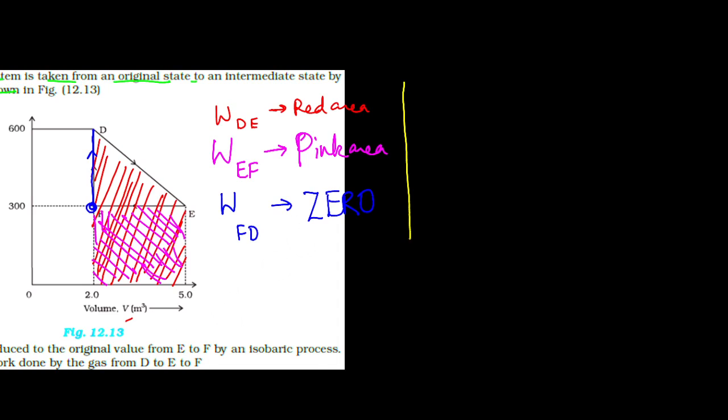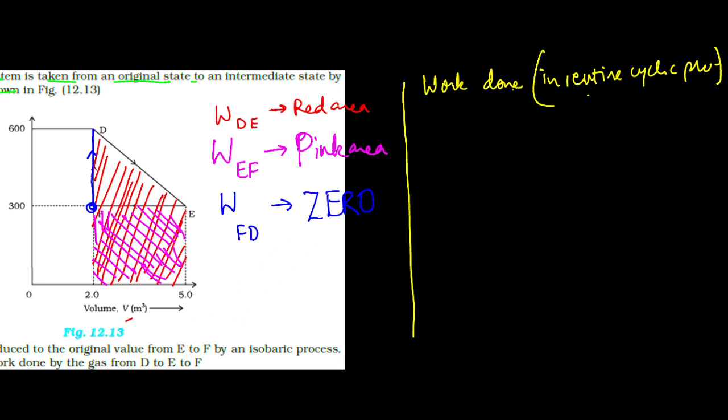So if you want to find work done in entire cyclic process by the system, of course, do you agree that sigma W should be WDE plus WEF plus WFD? Yes or no?